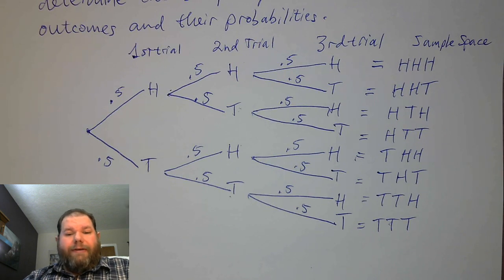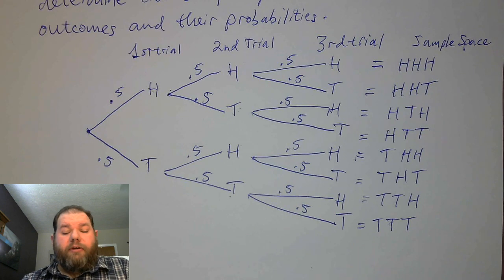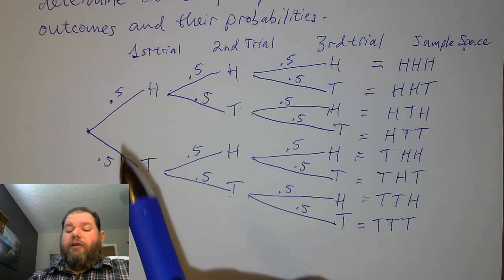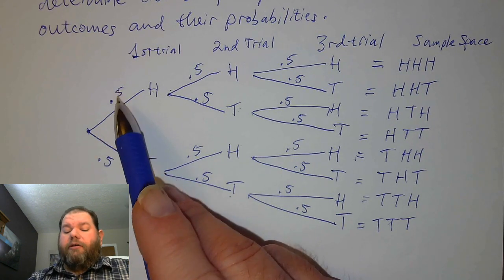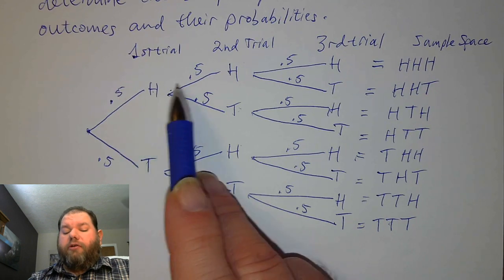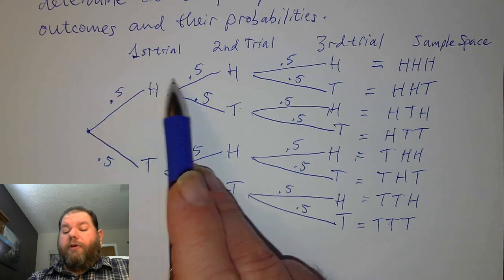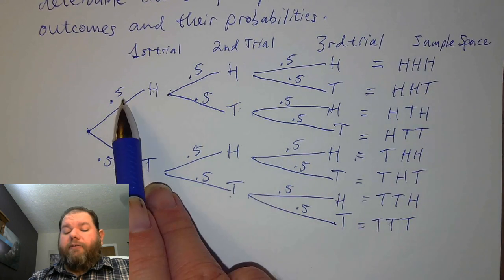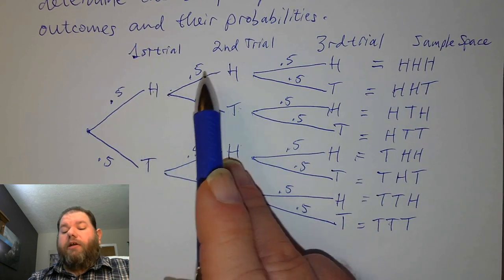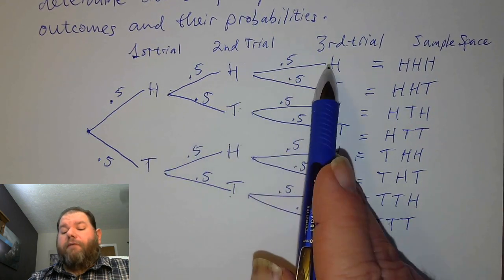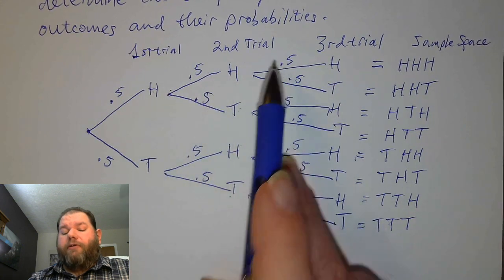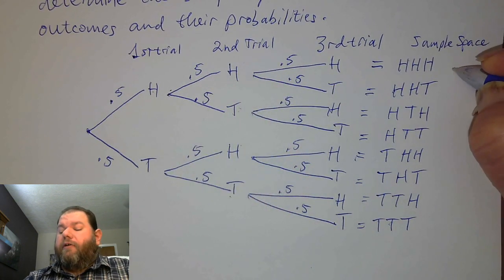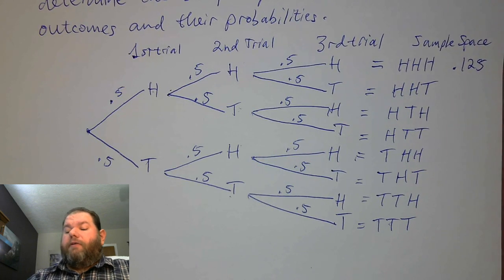Each one of these is a unique ordering as far as how the coins may land. The way that we figure out the probability of each of these is by multiplying the outcomes all the way down. For 3 heads, it's 0.5 for the first one, 0.5 for the second one, and 0.5 for the third one. We multiply those together, and that gives us 0.125.